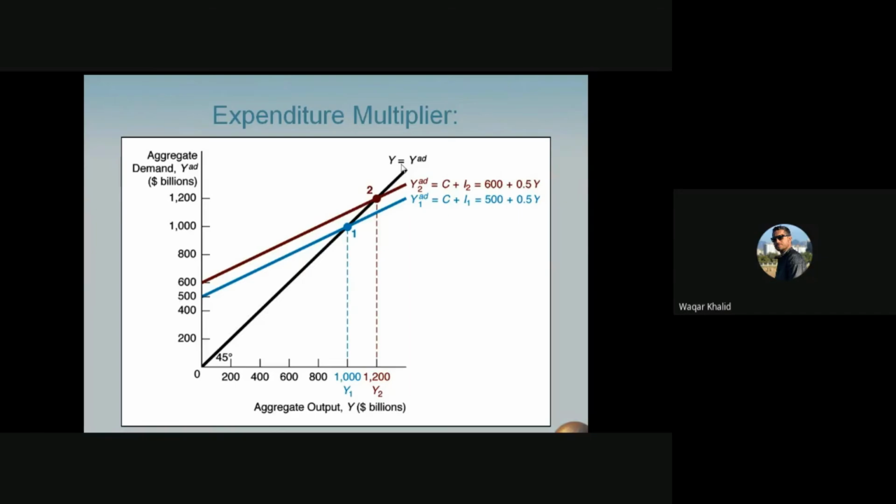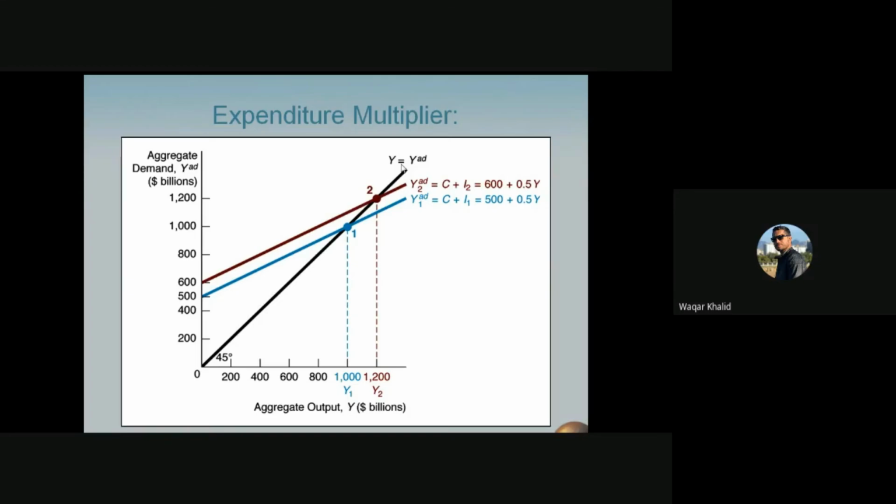So the change in aggregate output is two times the change in investment expenditures. The ratio of the change in aggregate output to a change in planned investment spending is known as the expenditure multiplier. If we take the ratio of the change in aggregate output and the change in planned investment expenditures, this ratio is known as the expenditure multiplier.